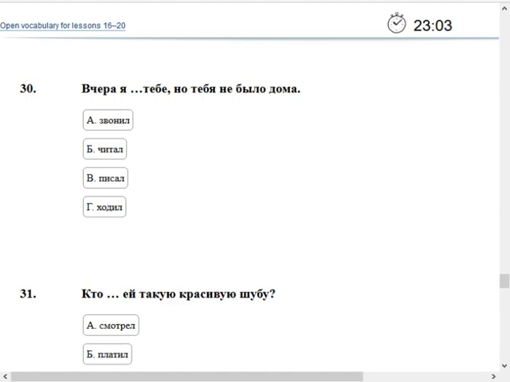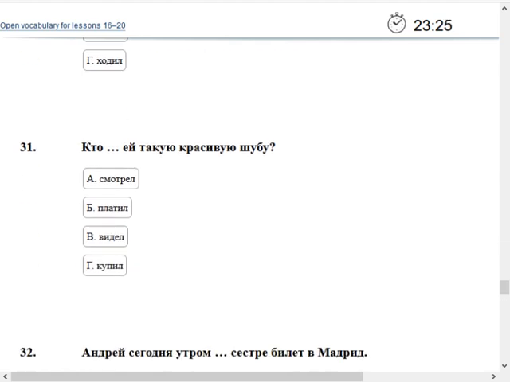I'm not gonna dwell on this for too long. I'll just say it's zvanil because it's ya zvanil. It would be different depending on whether it's ya or an or ana, but you can look up the rules for this. I know that I should probably cover the rules for this, but I don't want to drag on for too long. The more important thing to take away from this test and these lessons is obviously the cases and how the cases work.